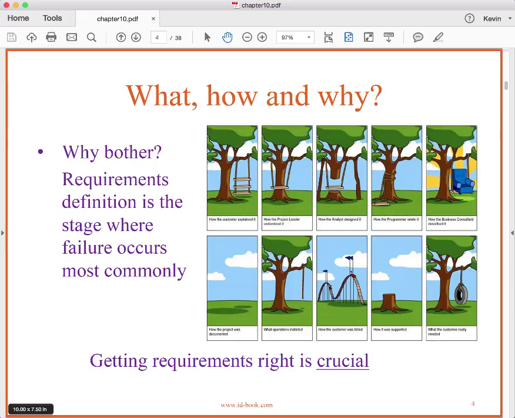Not everything, but they're well on their way. So clearly we can get it wrong, and so we ought to be trying to get it right.